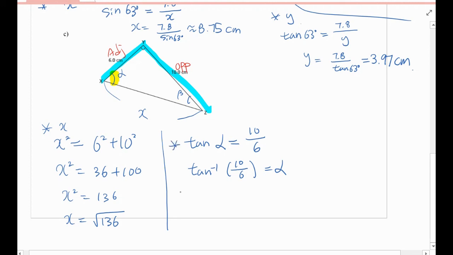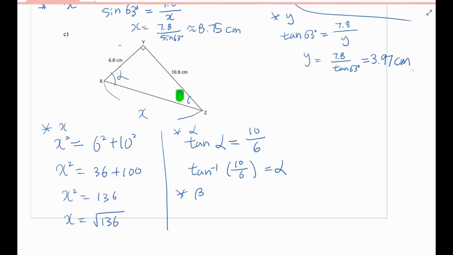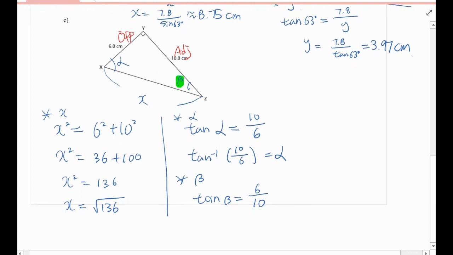To find beta, we do the same thing. Relative to beta, this is the opposite and this is the adjacent, right? Tangent beta is opposite over adjacent, 6 over 10. Then we want to find the angle measure beta: inverse tangent of 6 over 10 is beta.